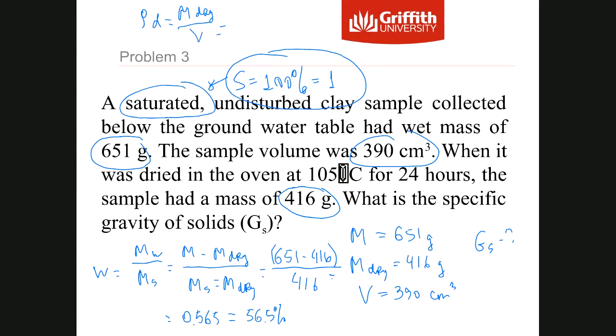In this case, it's 416 divided by volume 390, which gives us 1.067 grams per cubic centimeters. Okay, so these are the numbers that we have, and also what we know is that degree of saturation is equal to 1.